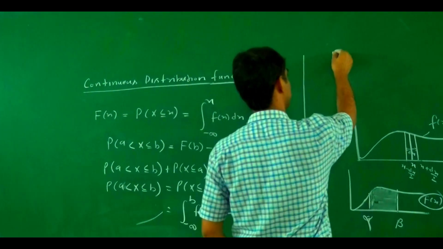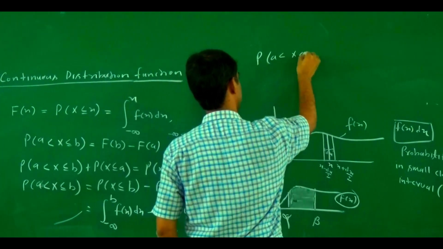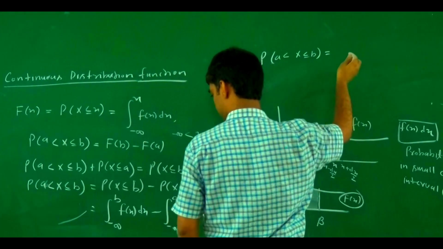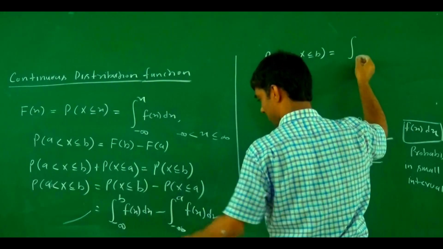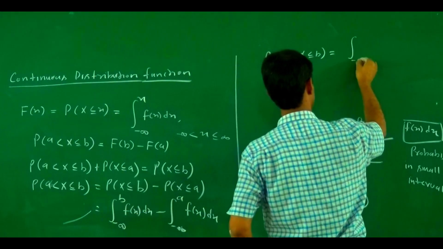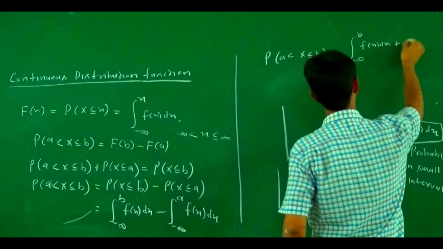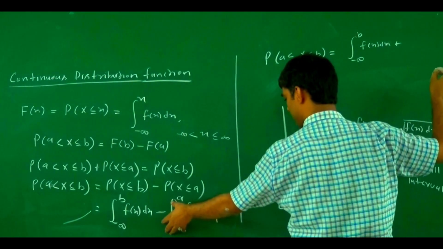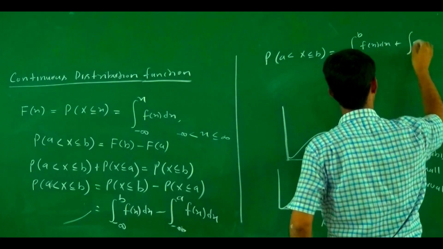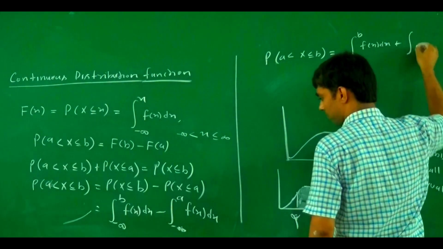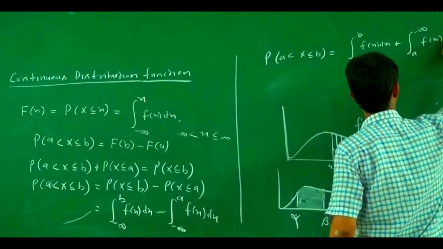Then the probability that X is greater than a and less than or equal to b equals the integral from minus infinity to b of f(x) dx, plus, by changing the limits, the integral from a to minus infinity of f(x) dx.